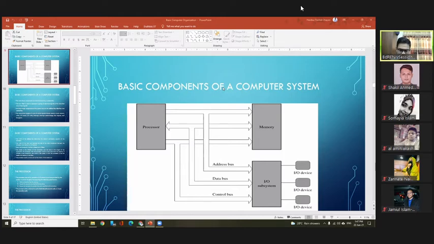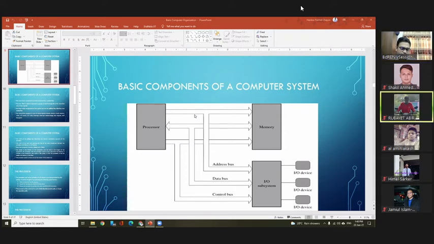Because we know that we have a binary system, right? 1010. Whenever we have an address bus width of 32 bits, just imagine that in the address bus.